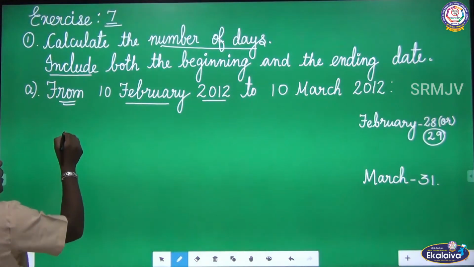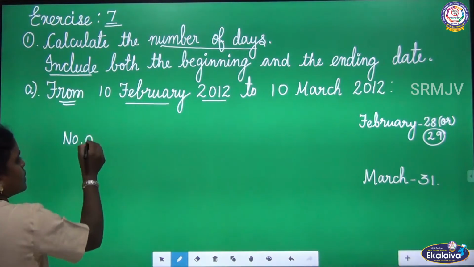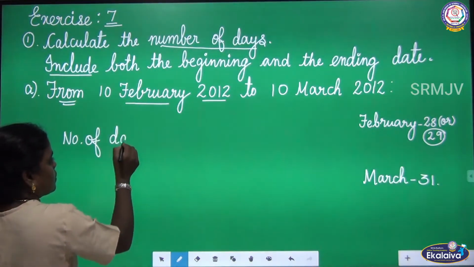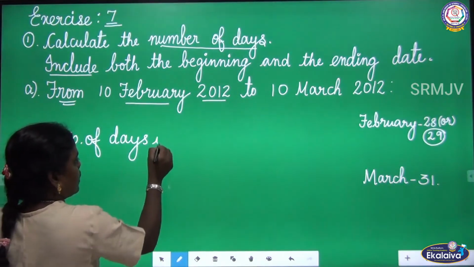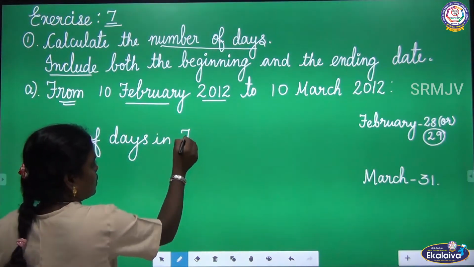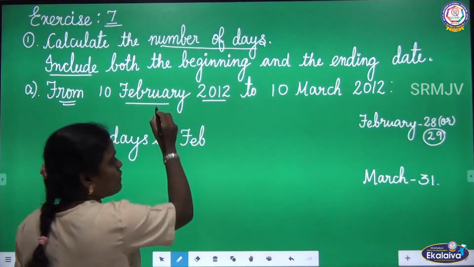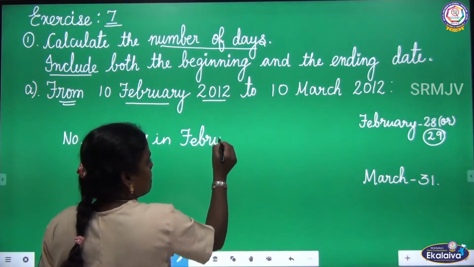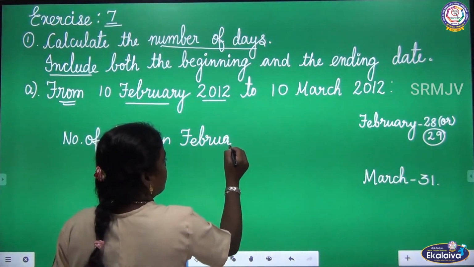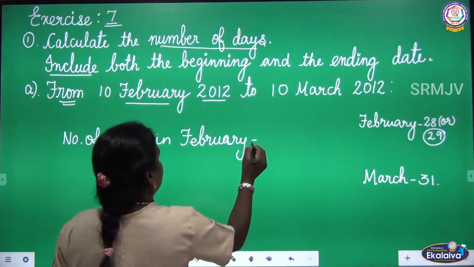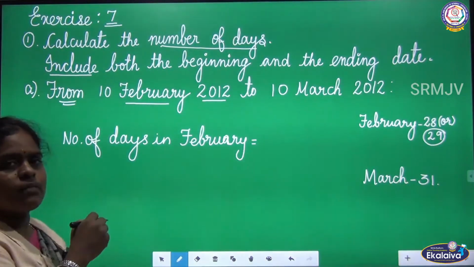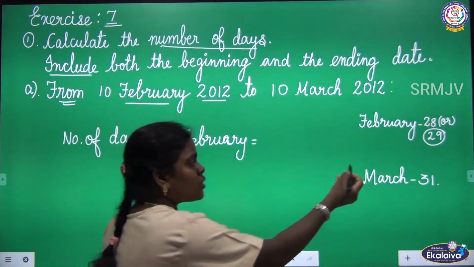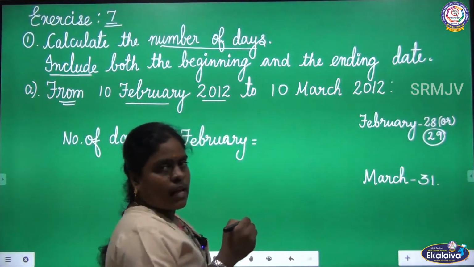First we are going to find out the number of days in February except the given day. So here from 10 we are going to calculate. Totally 29 days are there.